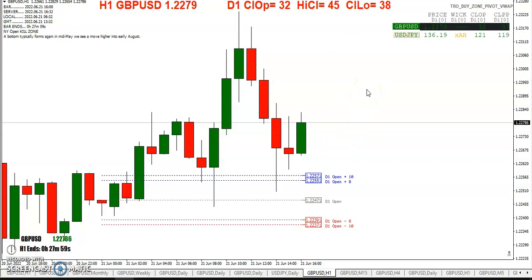Buy zone traders were rewarded. And you can see here, price came back down, hit the launch pad. Unfortunately, I was asleep, and then it took off.